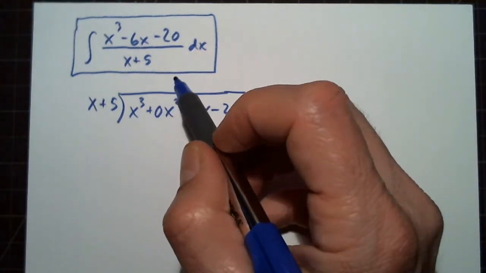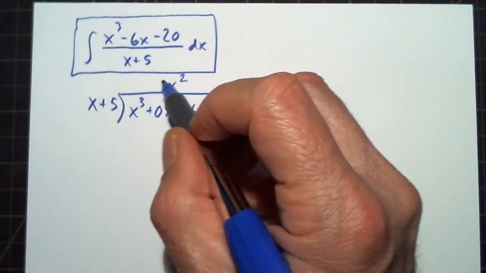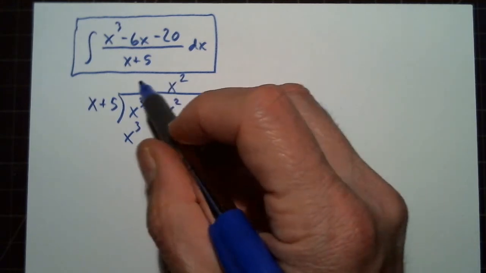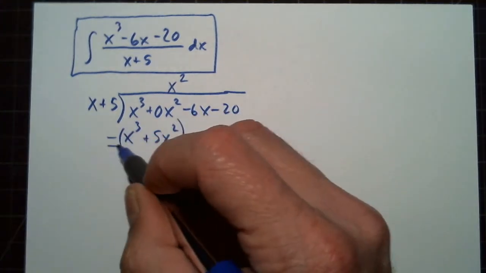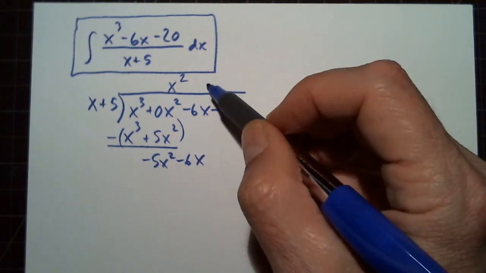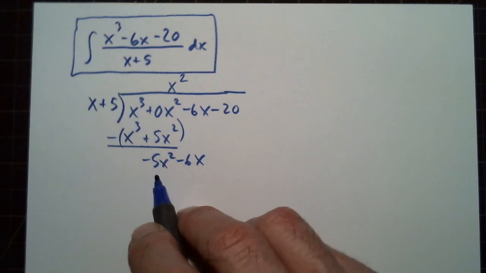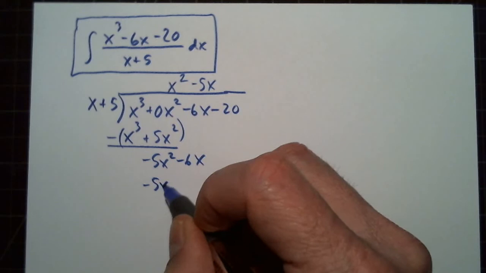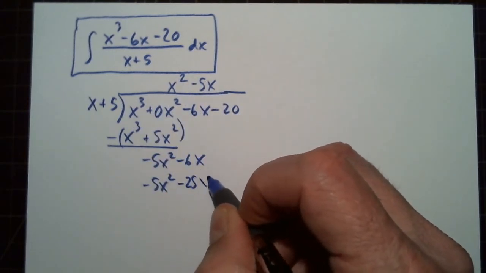We'll think of what multiplies by x to get x cubed. So I'll put x squared times x is x cubed. x squared times 5 is 5x squared. Negative 5x squared minus 6x. What multiplies by x to get negative 5x squared? That'll be negative 5x times x, negative 5x squared. And this will be negative 25x.